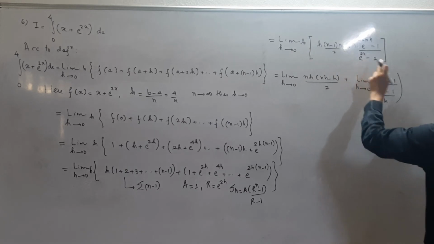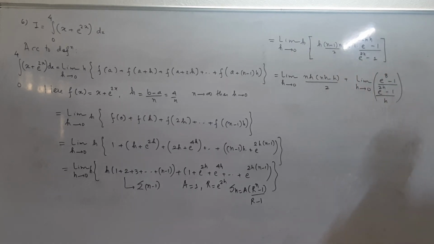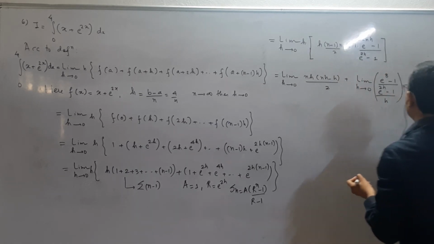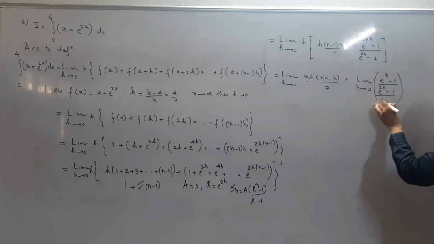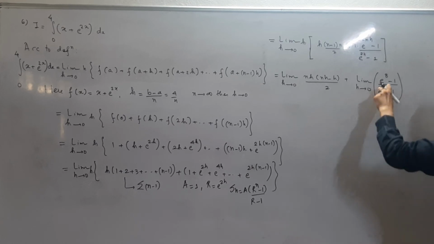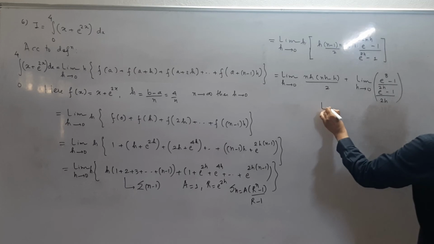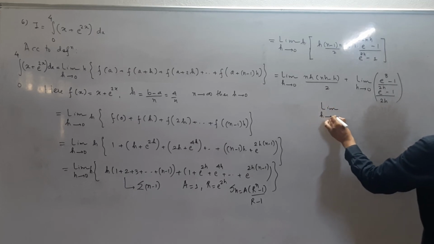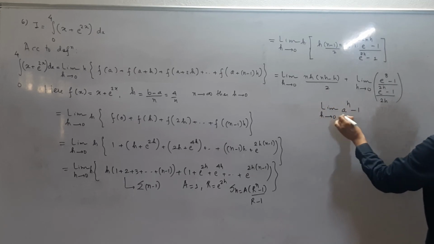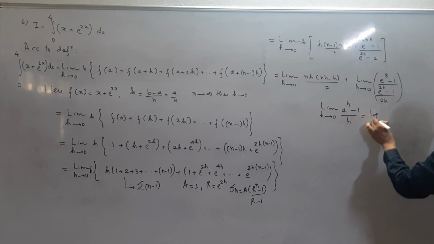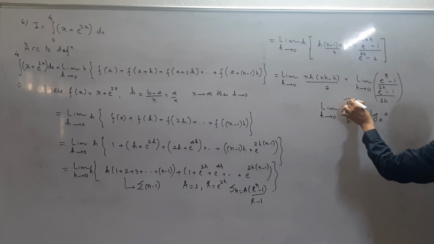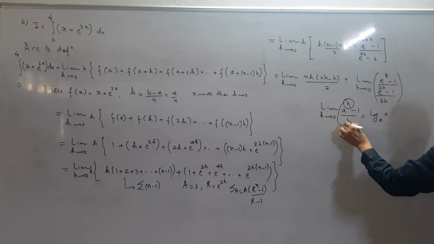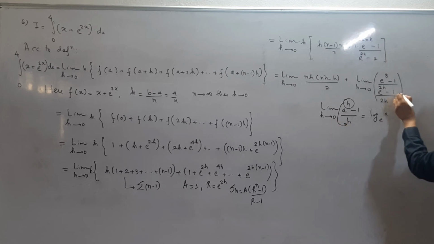This h will transform in the denominator. Now, I should have here 2, because whatever the power of e is there in the formula, limit h tends to 0, a raised to h minus 1 upon h is log a base e. Whatever power of a, same must be there in the denominator. So multiply and divide by 2.